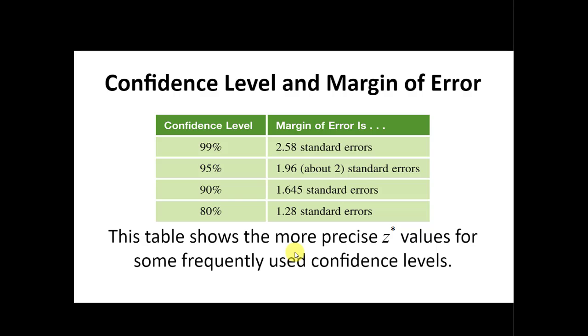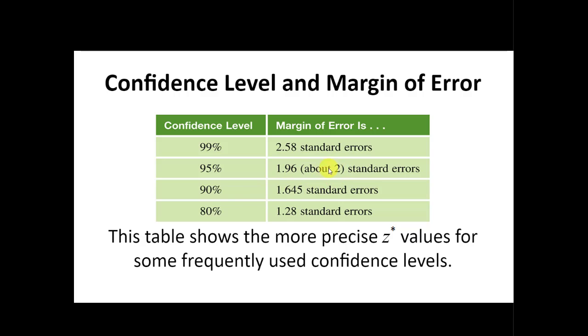A few lectures ago, we talked about trying to increase precision. One way to increase precision is to use the more precise versions of the z values to calculate the margin of error. So if you recall, 95% is about 2 standard errors. When we were working with the empirical rule back in the day, about 2 standard errors is what we would approximate 95% of the values to exist.